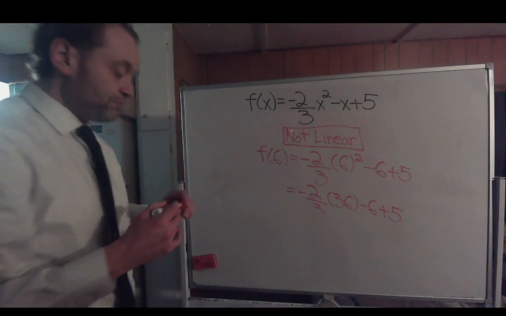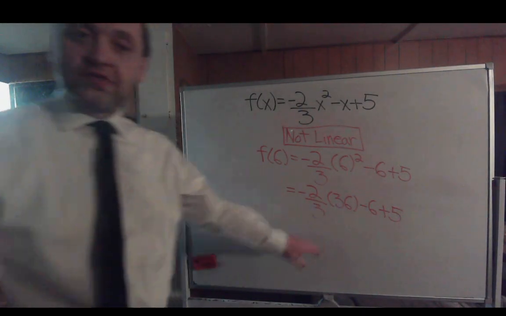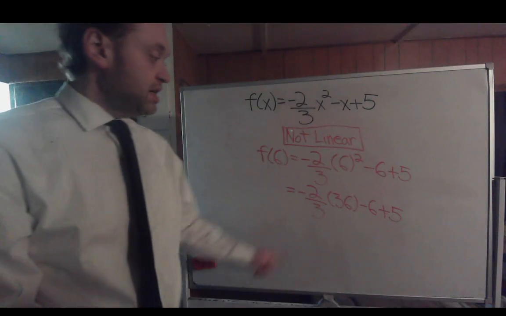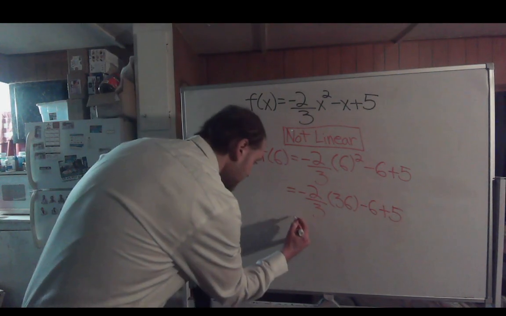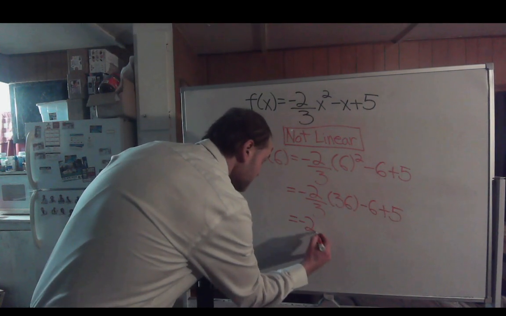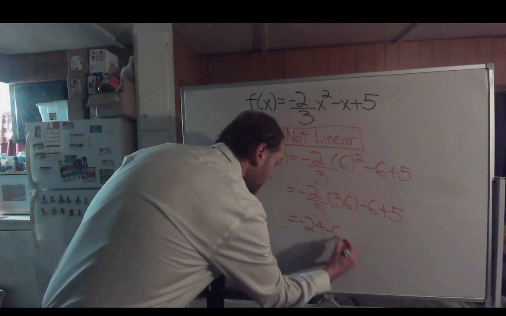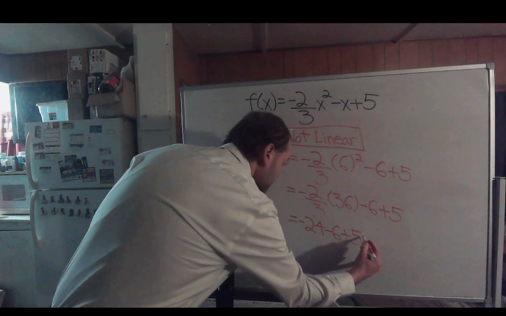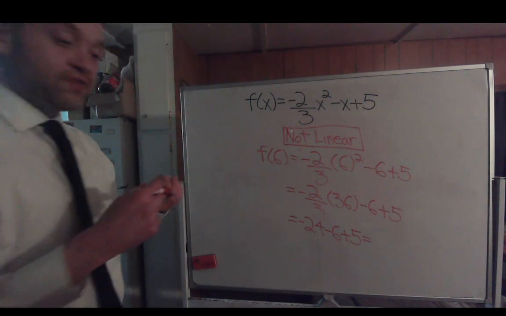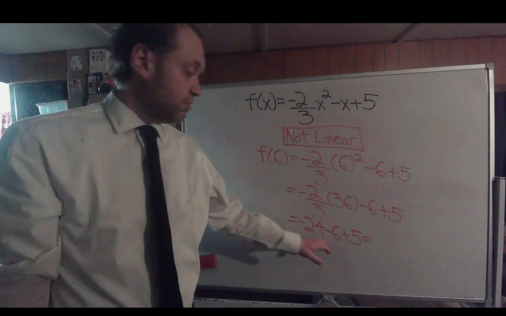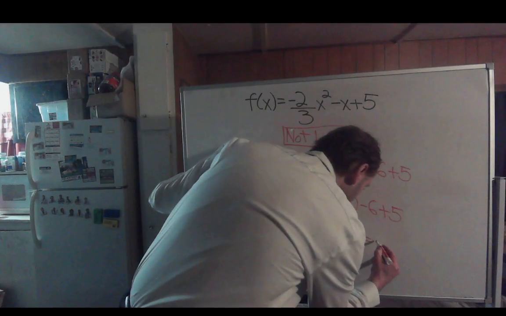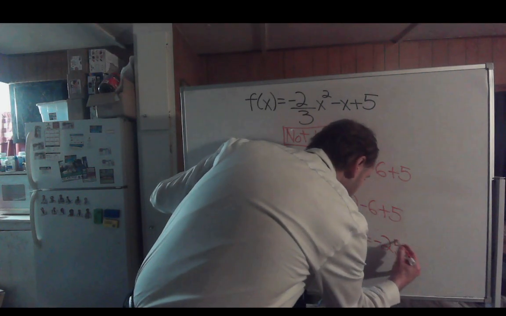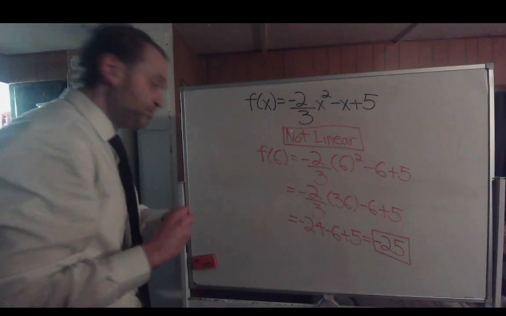Let's multiply the -2/3 times 36. A third of 36 is 12. Take that 12 times -2, you would get -24. So you'd end up with negative 24 minus 6 plus 5. Addition and subtraction have the same priority, so negative 24 minus 6 is negative 30, plus 5 is negative 25. So you would get a value for f of 6 being negative 25.